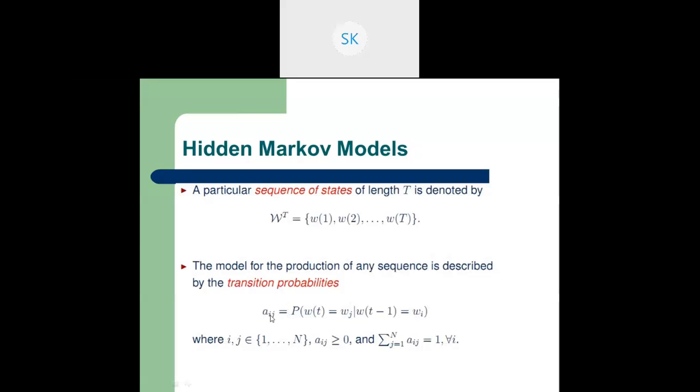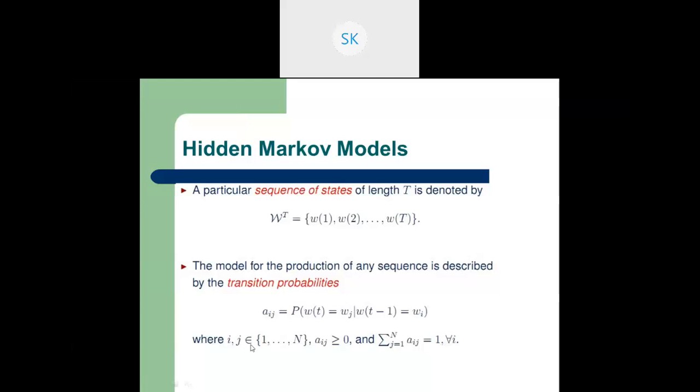Then A12 is equal to the probability of W of t equal to W of j, in our case j equal to 2, given W of t minus 1 equal to W of i, that is W of 1 in our case. So W of t equal to W of 2 given W of 1. Similarly, W3 at t depends on W2 with respect to W1.